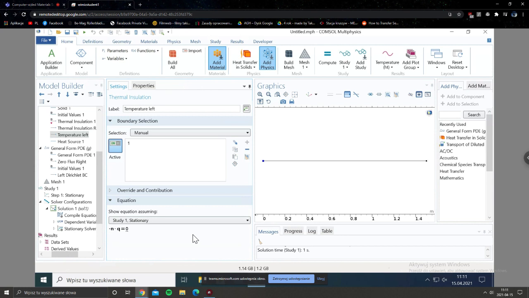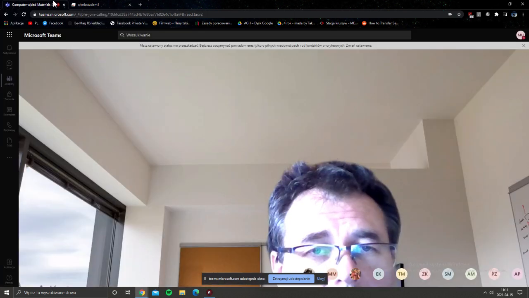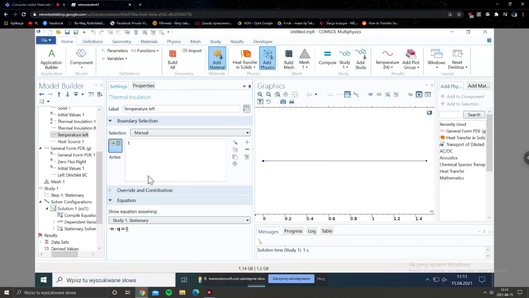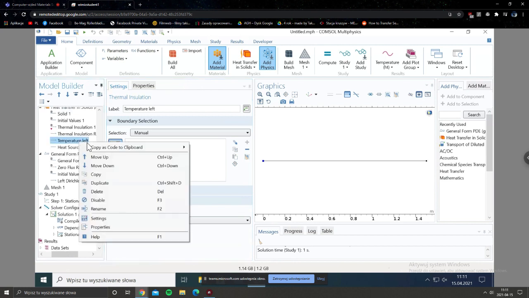Give me a second. Temperature left, which is... As you can see, could you show? Yeah, below settings you have thermal isolation. Yes, so it is not temperature. This is still thermal isolation. So please remove this temperature left.